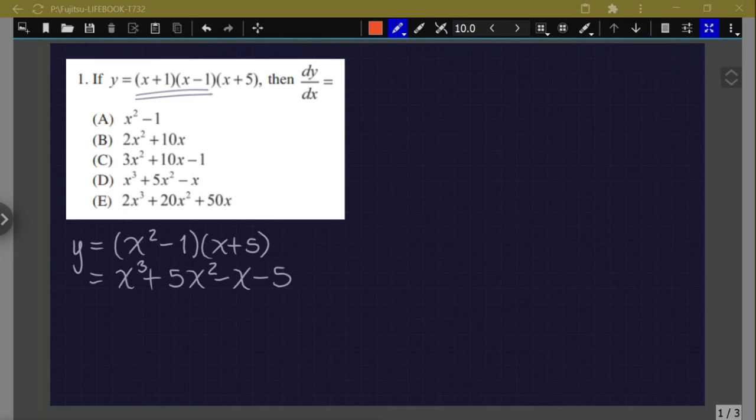Okay, so we have now that y prime is going to be equal to the derivative of the first term.